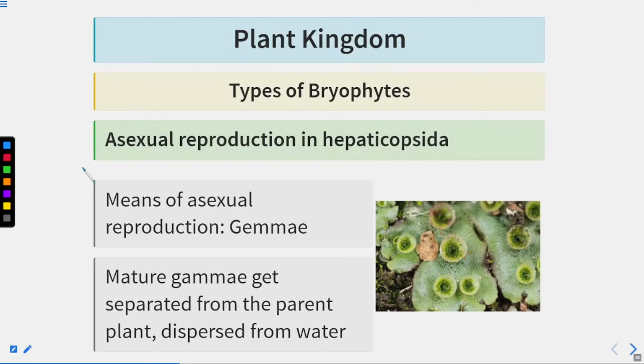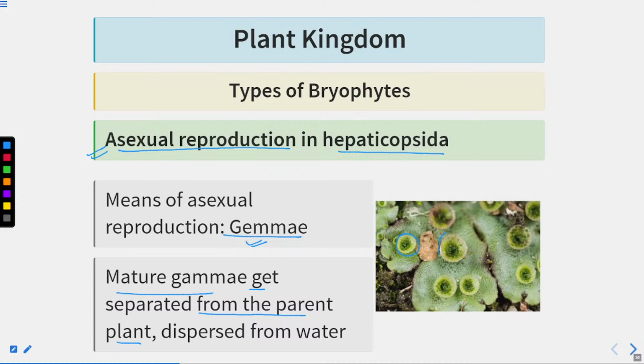Now this is very, very important. Asexual means of reproduction in Hepaticopsida. Many times this question has been asked in the examination. What is this structure? That is called gemma. So the gemma cup is a cup-like structure, right? And the mature gemma gets separated from the parent plant and is dispersed with the help of water.